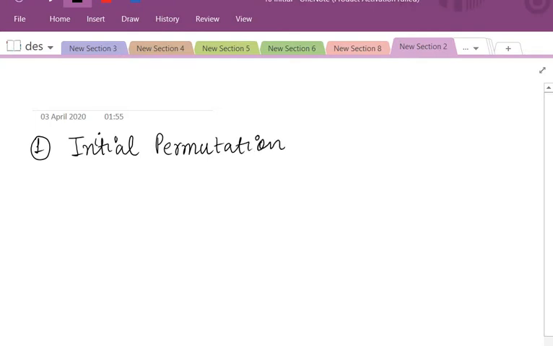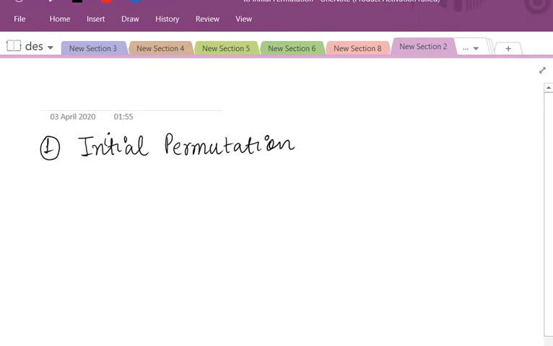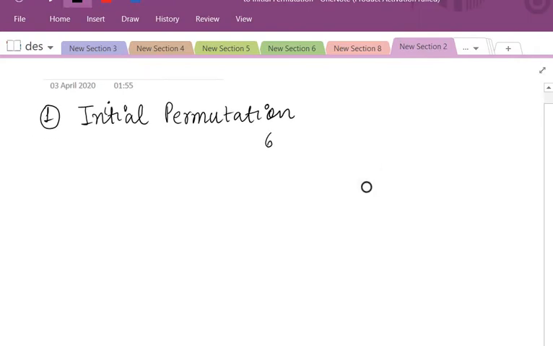At the initial permutation, the 64 bits are represented as a square matrix of 8 by 8, meaning we have 8 rows and 8 columns.